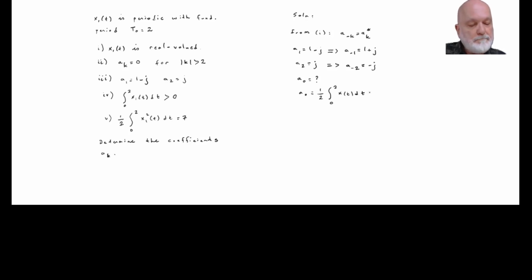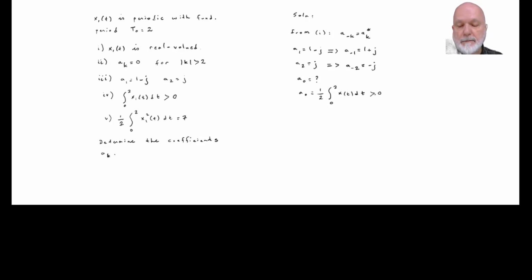So from the given information in item 4, this is greater than 0. If a signal is real valued, a0 is of course also real valued because it is related to the integral of x of t, and x of t is a real valued signal, therefore the integral is real valued, so a0 is real valued.